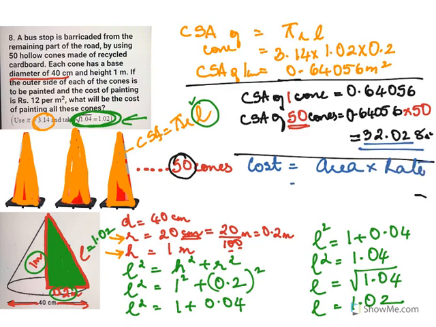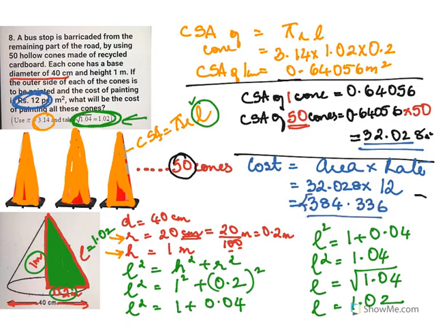This is our area, and our rate is here 12 rupees per meter square, so we do into 12. And then the cost would come 384.336 rupees. This would be the cost to paint such 50 hollow cones.